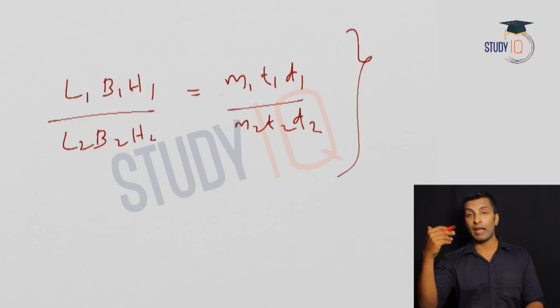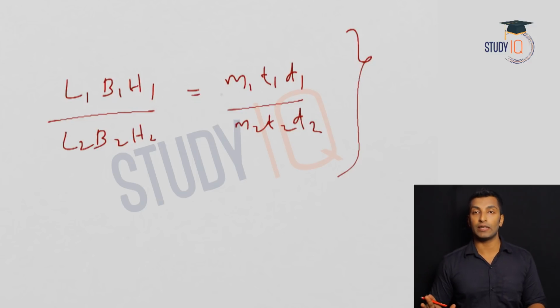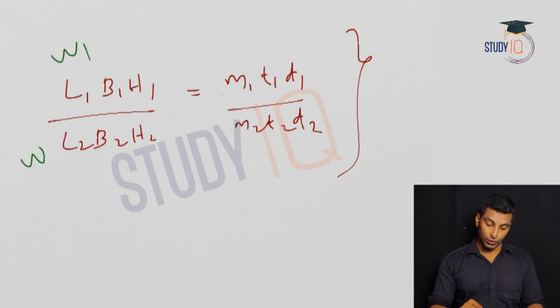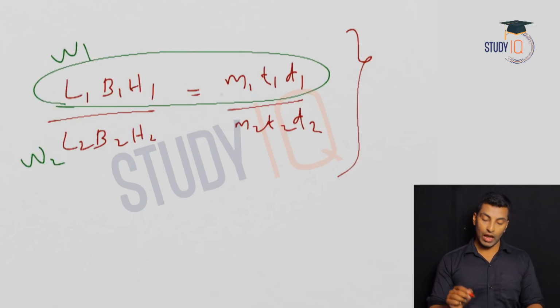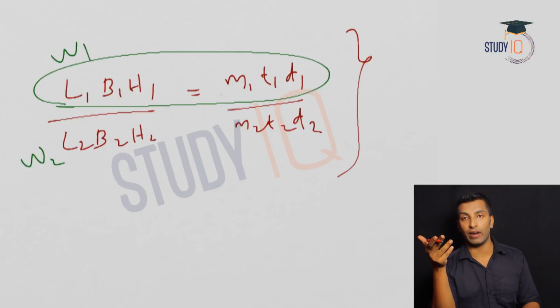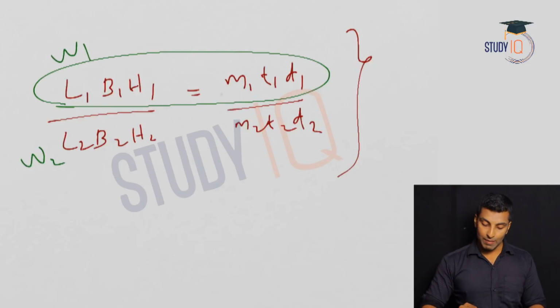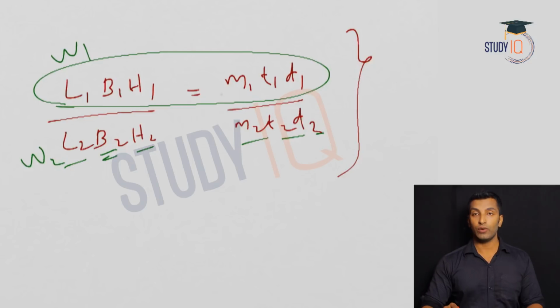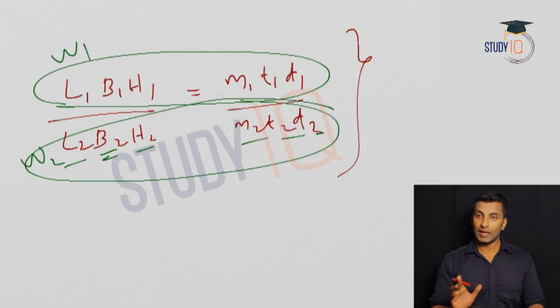Number of men, the time each person works per day, and the number of days it will take to complete the work will be given. You can consider this as work 1 and this as work 2. All the information about work 1 will be given, and one piece of information about work 2 may be missing. It can be any of the 6, and you can find it just by cross multiplying. I hope that is clear.